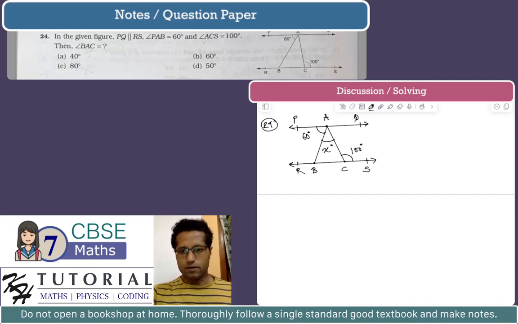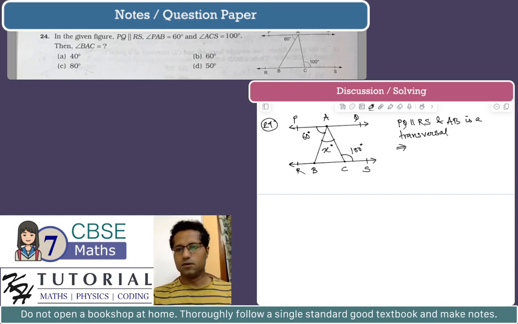So we have PQ parallel to RS, and AB is a transversal. So we will have equal alternate interior angles.